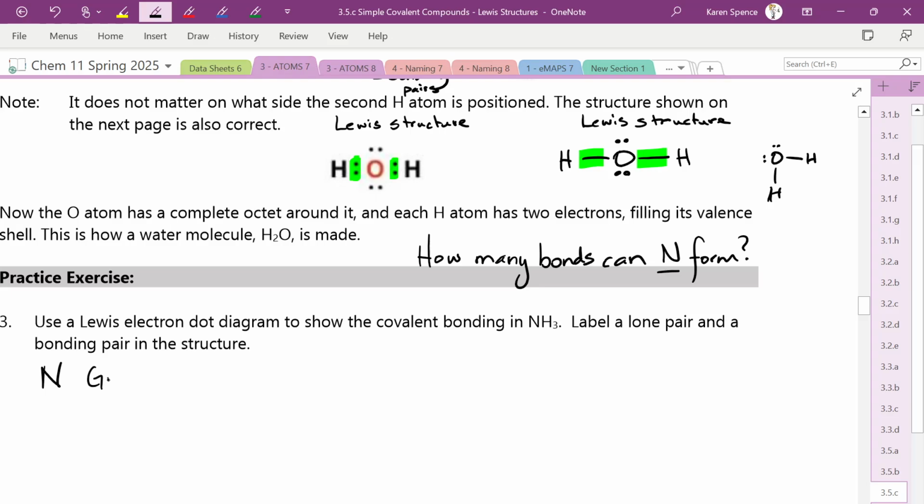N is group what? 15. How many valence electrons? 5 valence electrons. So it looks like this. N, 1, 2, 3, 4, 5.